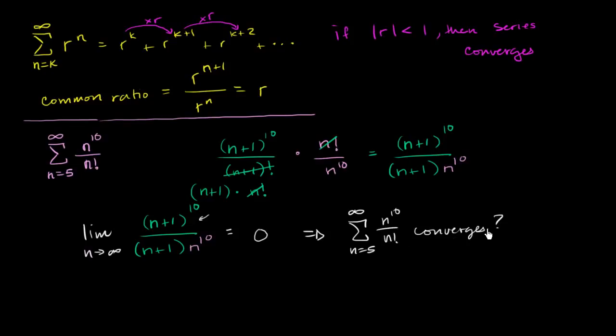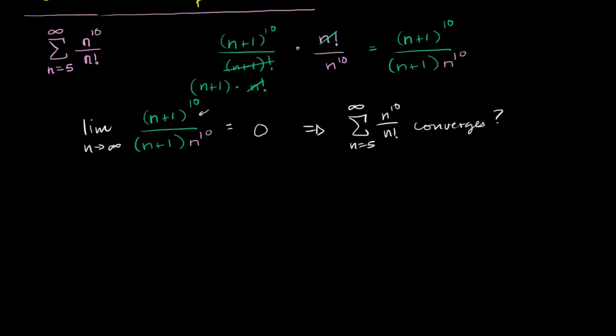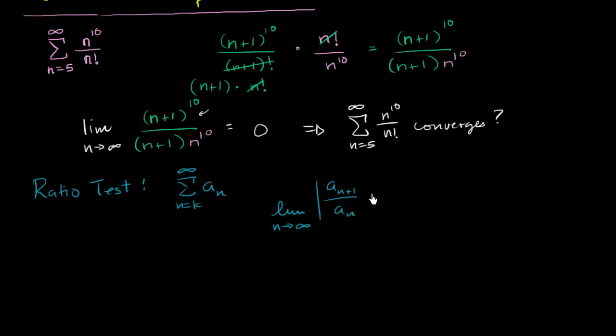So can we make this statement? And the answer is yes, we can. And what allows us to do it is the ratio test. So let me write that down. The ratio test. And all the ratio test tells us is, if we have an infinite series, from n equals k to infinity, and if we take the limit as n approaches infinity of the absolute value of a sub n plus 1 over a sub n, and over here I didn't take the absolute value of that limit, but we absolutely could have.